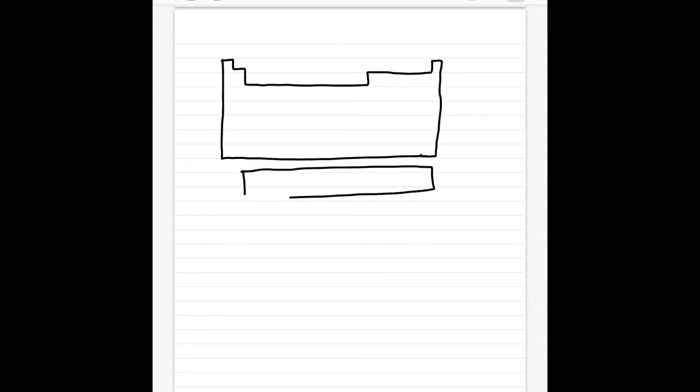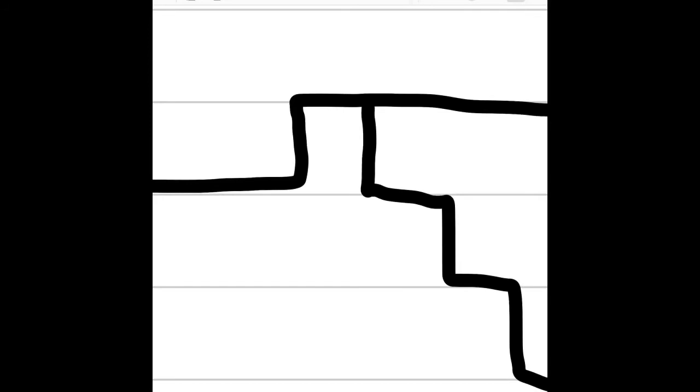If you've ever seen a periodic table, there is this weird little stair step down the periodic table like this. And this little element right here is called boron. There's just a B there.